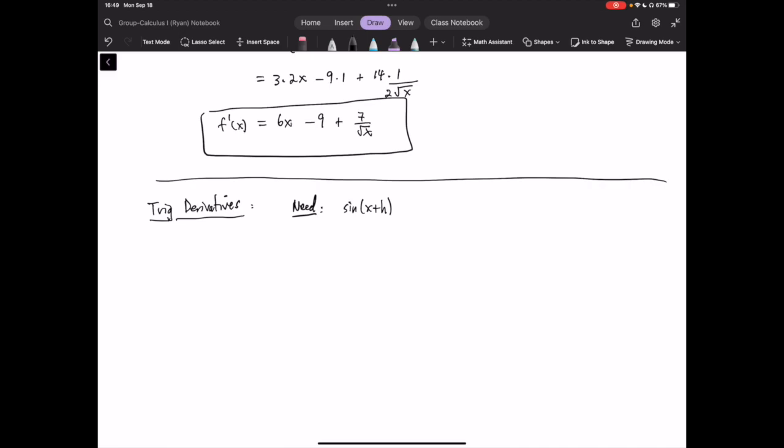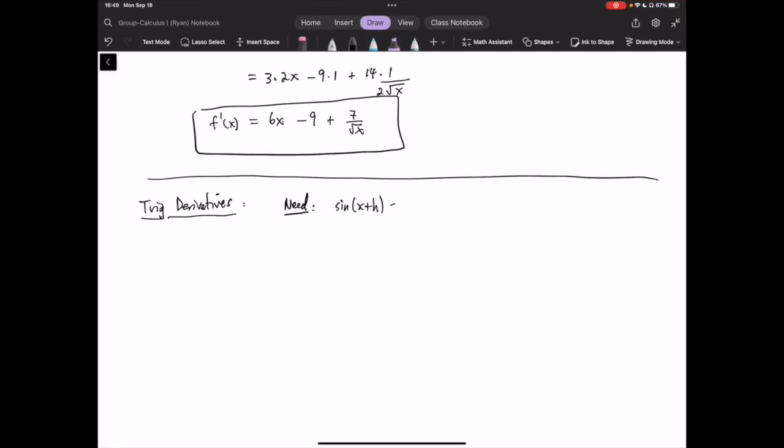Sine of x plus h becomes sine of x times cosine of h plus cosine of x times sine of h. So sine does not itself distribute over a sum and become sine of x plus sine of h, but in a way it kind of distributes when you involve the cosine as well.